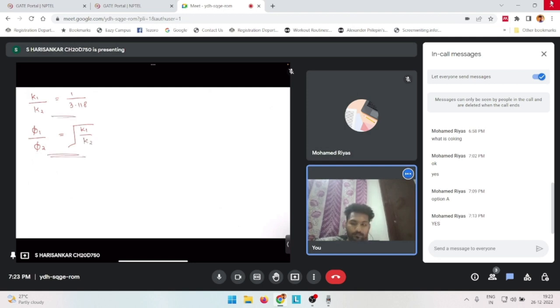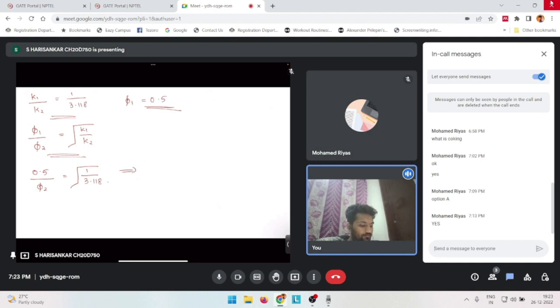Also we have phi 1 as 0.5. So substituting all these into this equation 2, we'll get 0.5 by phi 2 is equal to root of 1 by 3.118, because phi 1 is 0.5 and K1 by K2 is 1 by 3.118.